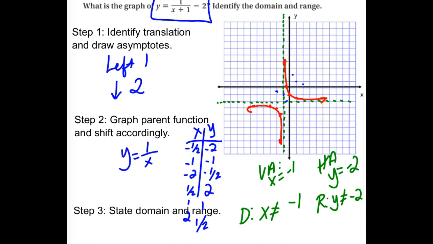All right, as you graph these, make sure that you're approaching those asymptotes but not actually touching them. All right, you want to show that you're getting closer and closer to it without crossing them. All right, I'm going to pause the recording. I want you guys to try the next one with your partners.